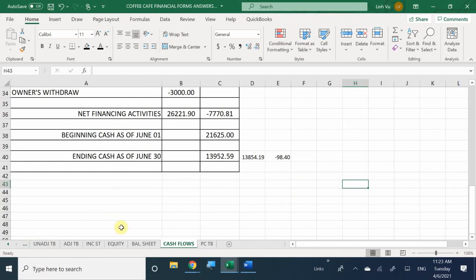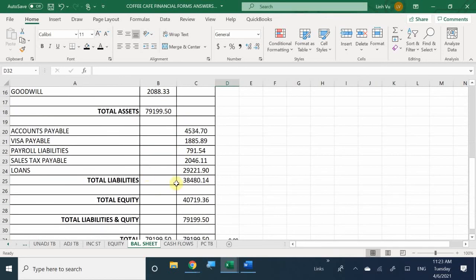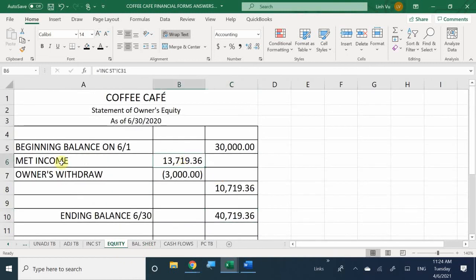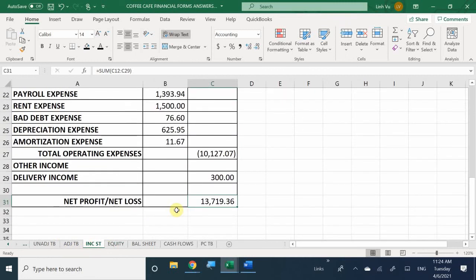So once again, the balance sheet consists of all of your assets and your liabilities, and you have equity, which you solved for in the statement of equity. Then this net income came from my income statement. So they all are connected. Now, if you computed your income statement and you get this wrong number and you proceed to complete the rest of your financial statements, you will see that your assets and liabilities and your equity will not match.